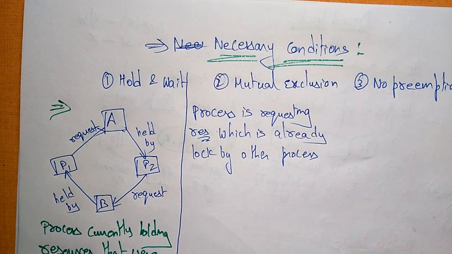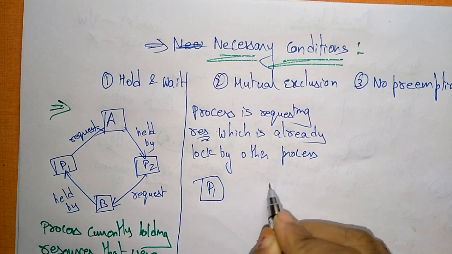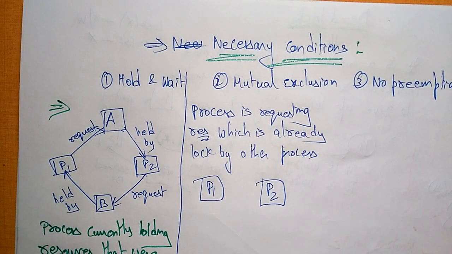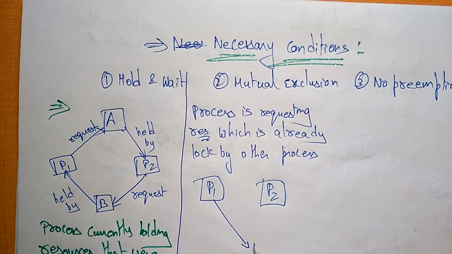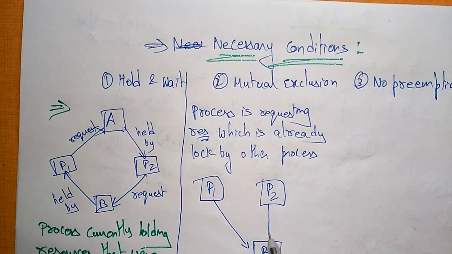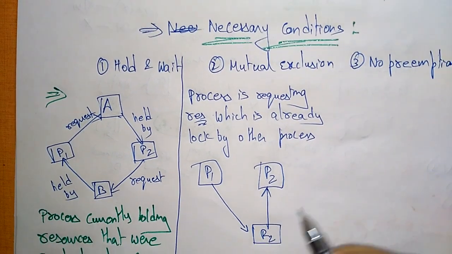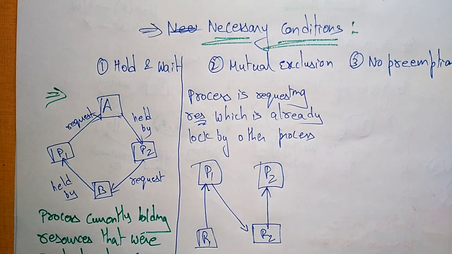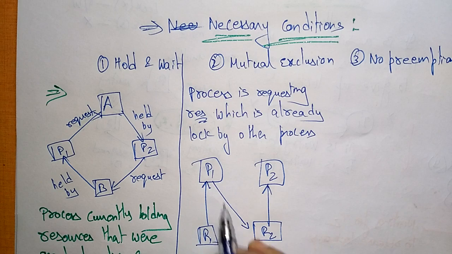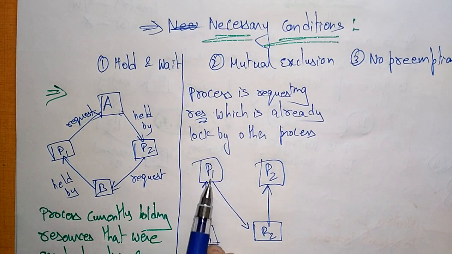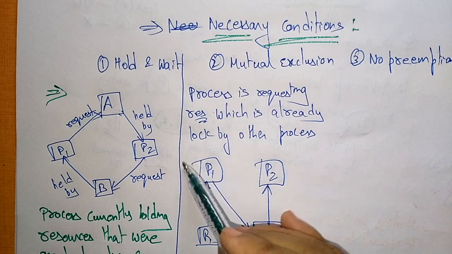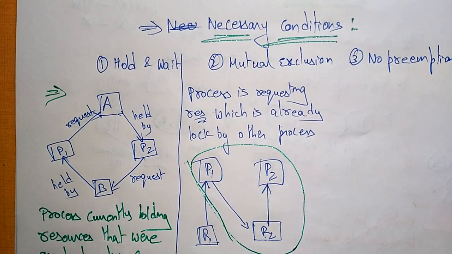Take the example: process 1 is there, process 2 is there. The process is requesting resources which are locked by another process. It is requesting R2, but R2 is already held by another process, and R1 is held by P1. So the mutual exclusion definition is that the process P1 is requesting a resource which is already locked by another process. This condition you call mutual exclusion.